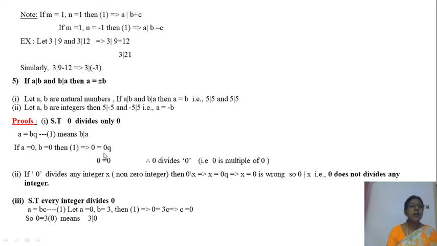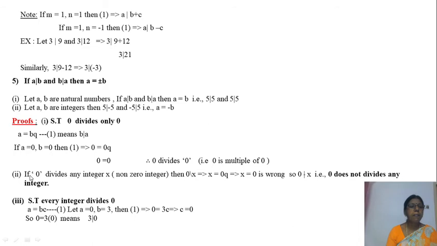LHS is 0, RHS is 0, so it is satisfied. Comparing with the definition, 0 is equal to 0 Q, and here A is equal to BQ, where RHS is B into some integer. This means B divides A, so 0 divides 0. In other words, 0 is a multiple of 0.